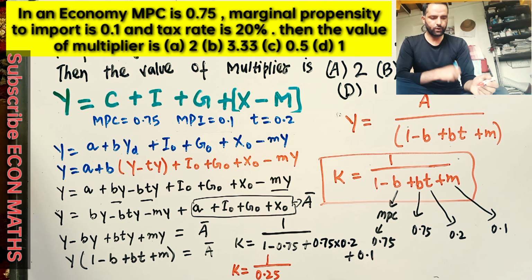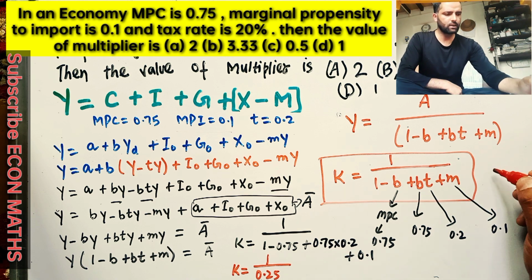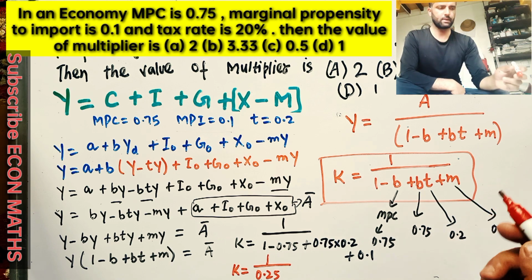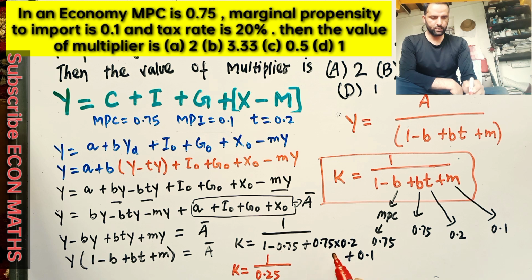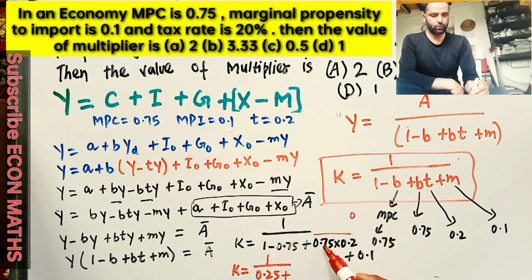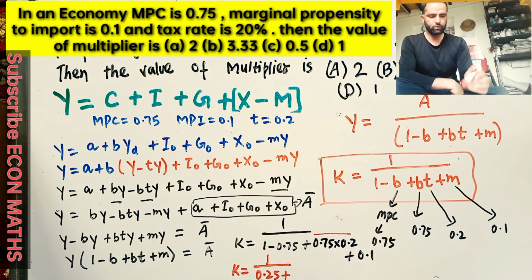Now 0.75 times 0.2, let's do the calculation. 2 fives are 10, 2 sevens are 14, plus 1 is 15, and with the three decimal places this is 0.15.